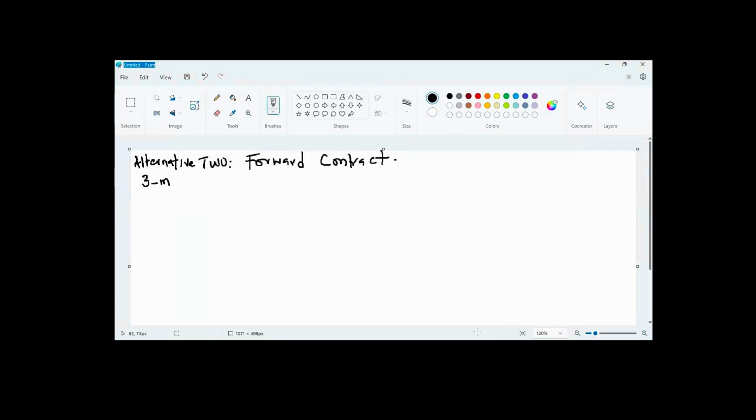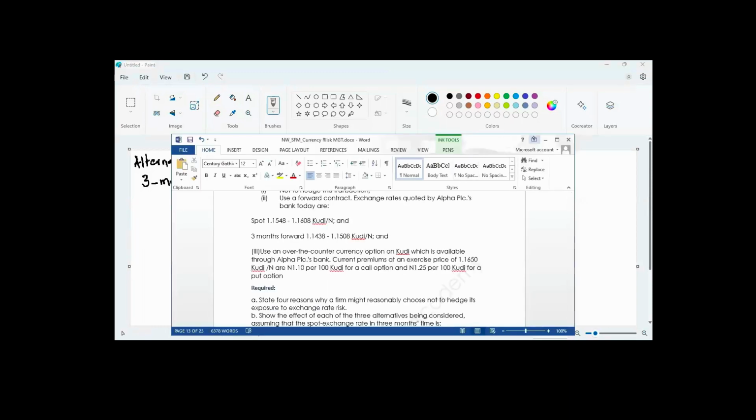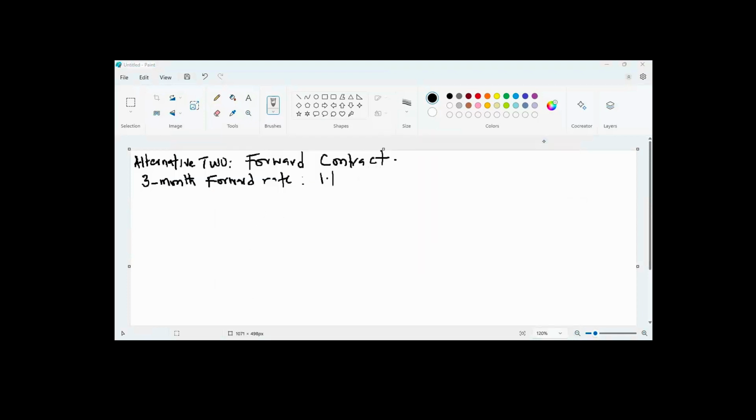3 months forward rates is 1.1438 to 1.1508 kudi per naira.